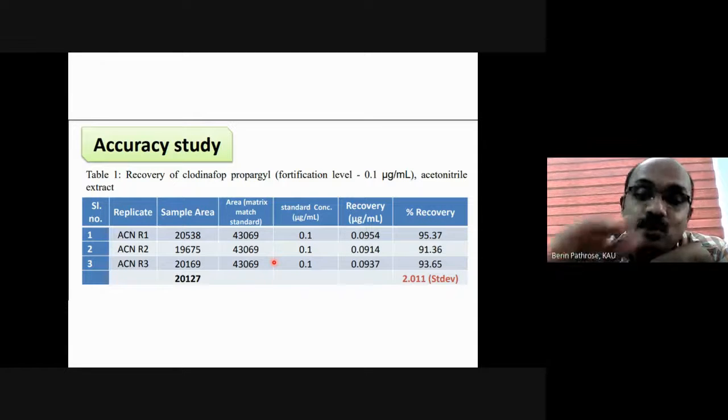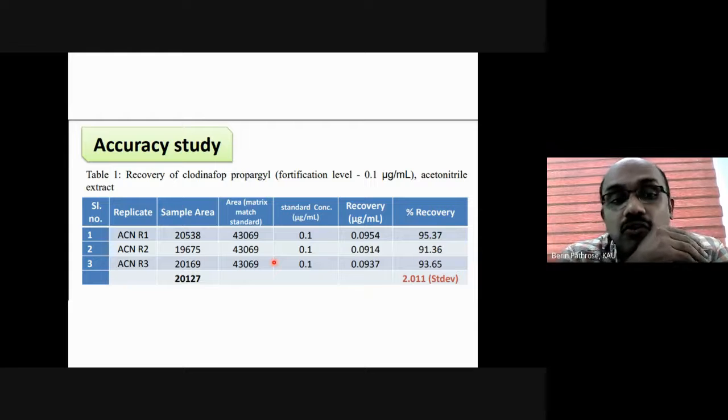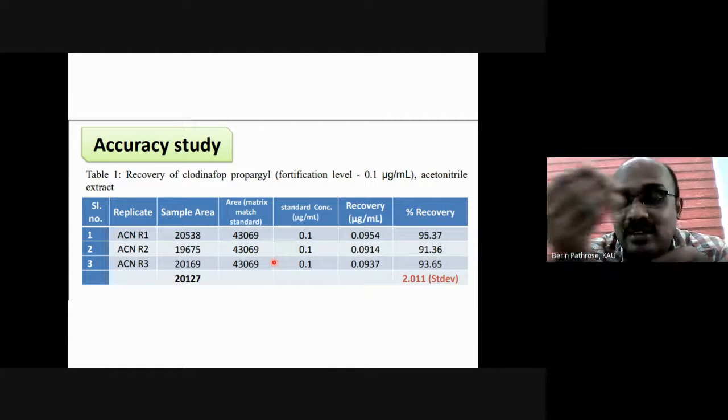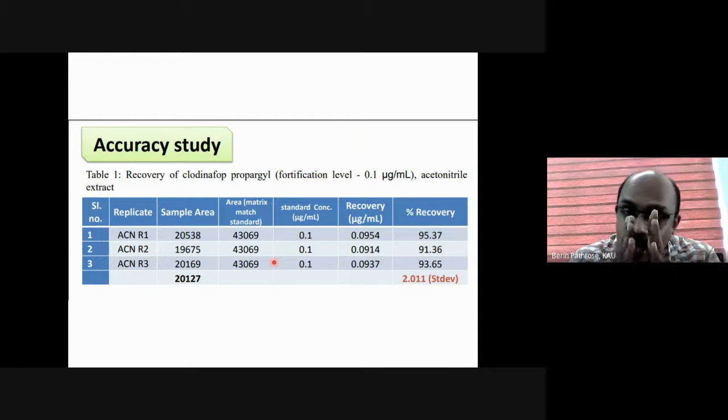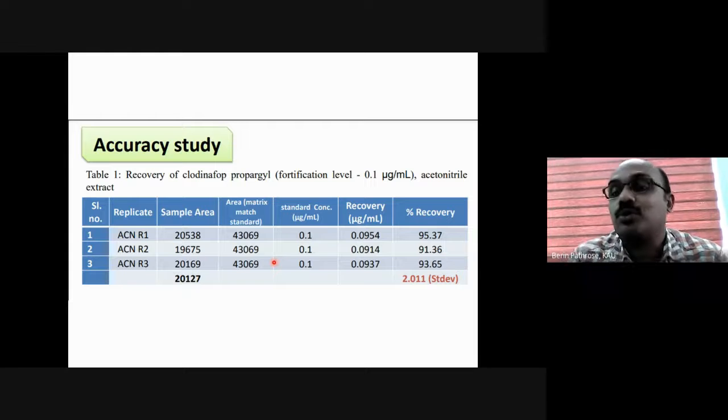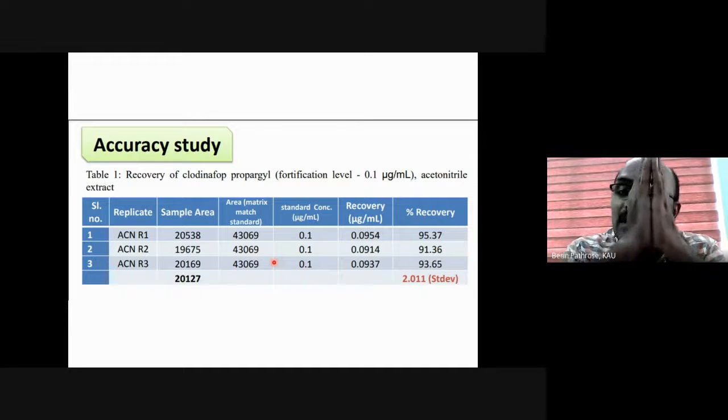So in order to know that, we will go for a matrix standard, matrix match standard. That means we will add a known concentration of the standard pesticide into the matrix, that means the sample.